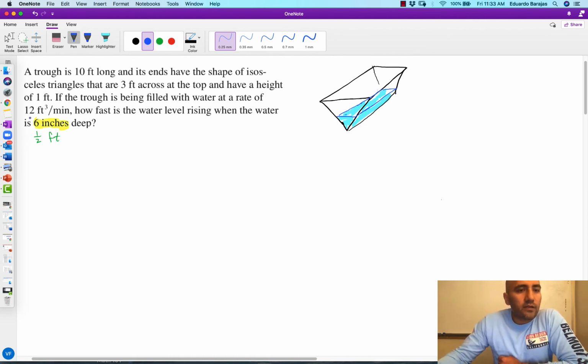This rate right here, 12 cubic feet per minute, that's a rate of the volume, right? The volume of water. Let's let V equal the volume of the water.